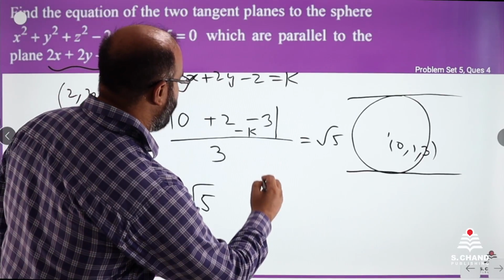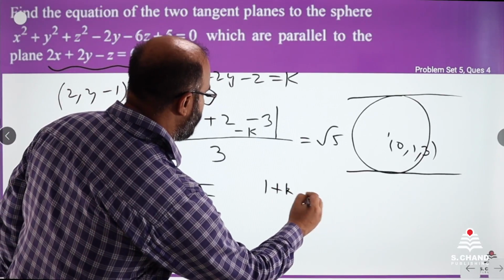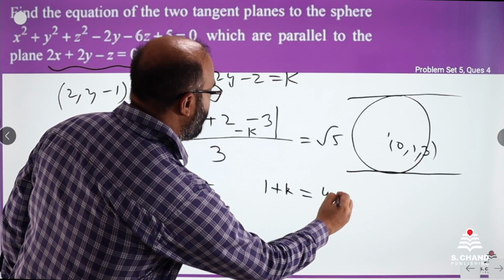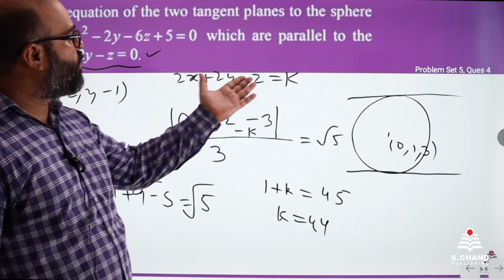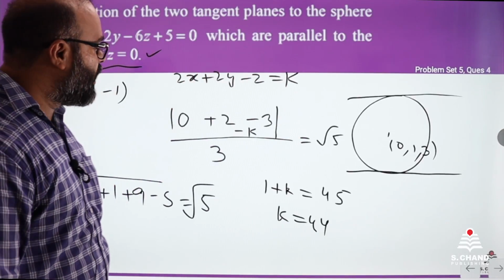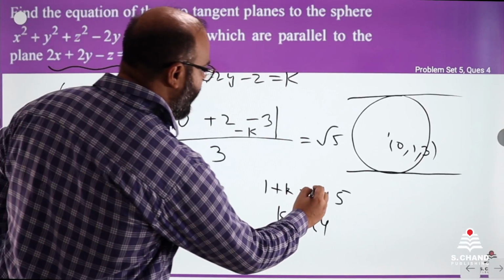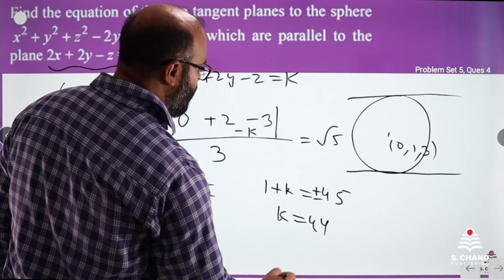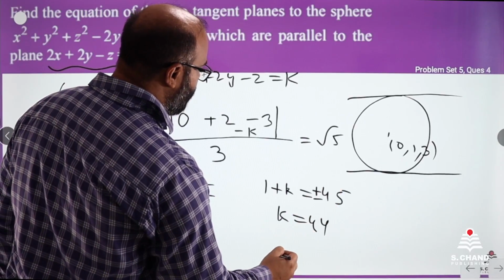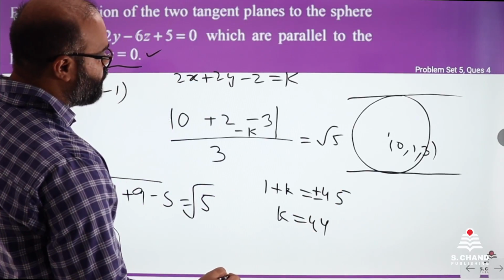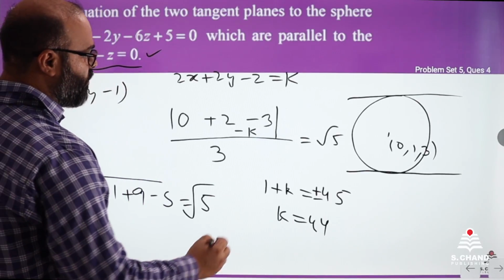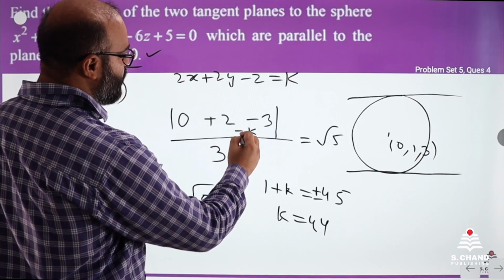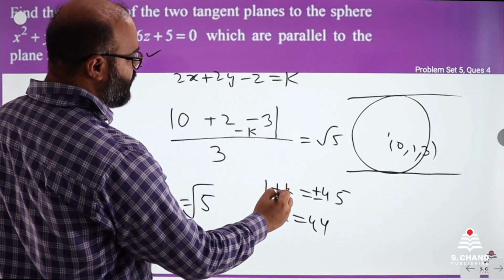You can find 1 plus k is equal to 45. After you get the value of k, you can find the plane. And another value of k can also be obtained as it is plus minus. So after taking mod, what will happen? Okay, so actually it is not plus minus 45. It will be 1 plus k whole square, right, students?